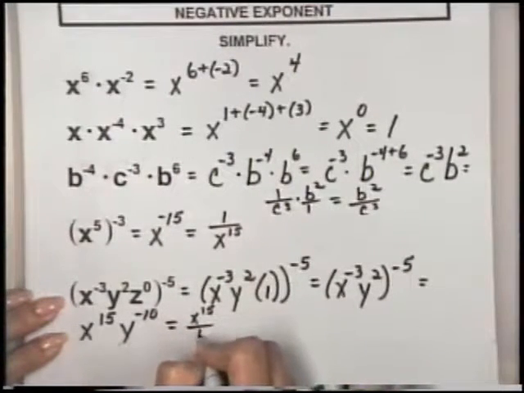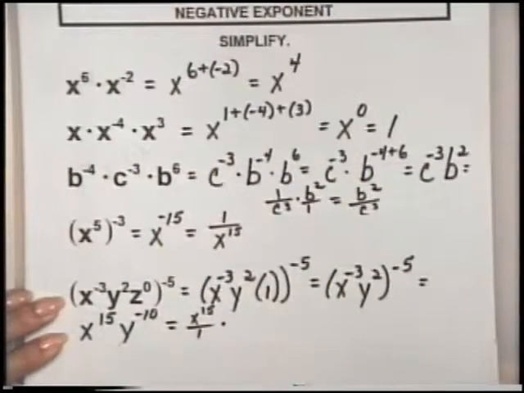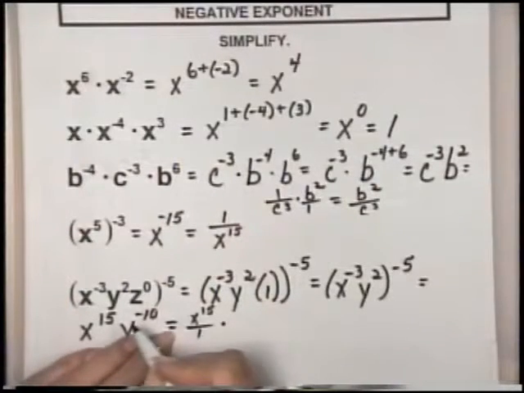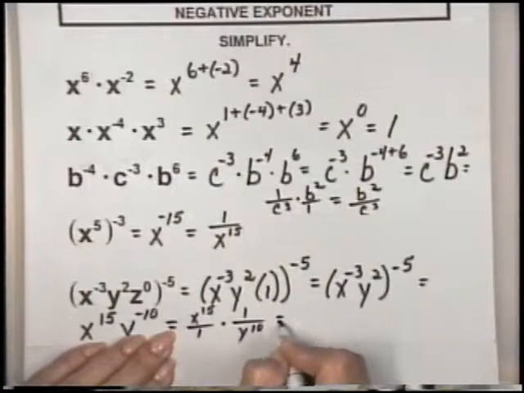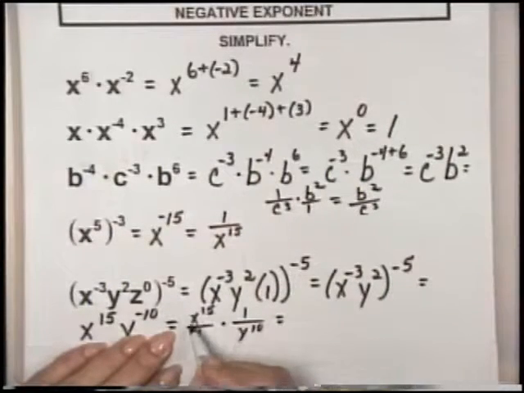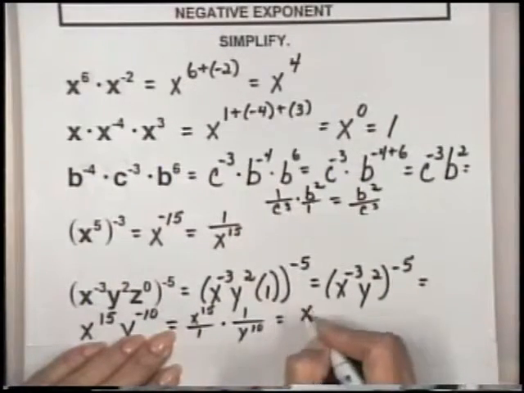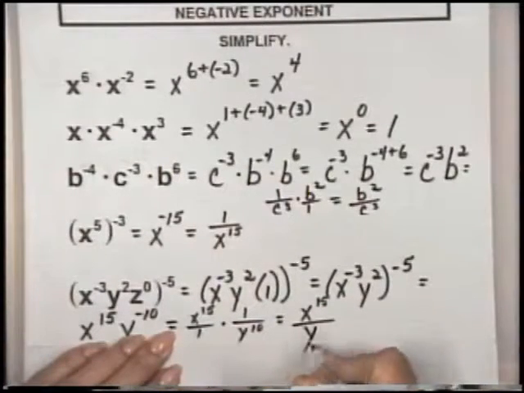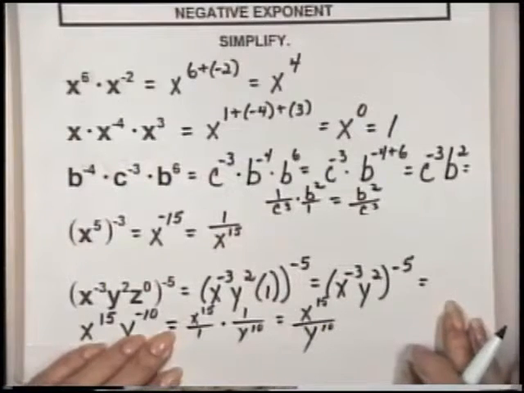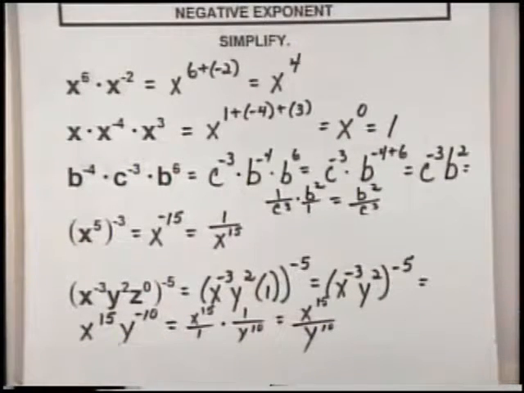I'm going to write the x to the 15th over 1, and I will multiply that by y to the negative 10th, which is 1 over y to the 10th. So I have x to the 15th times 1, which is x to the 15th, and 1 times y to the 10th, which is y to the 10th.